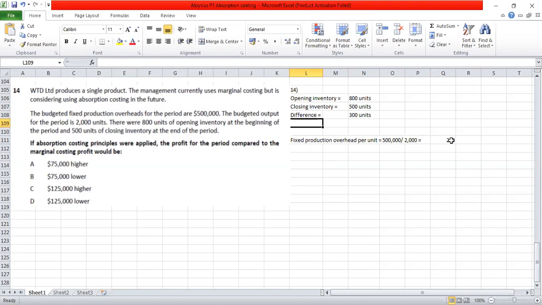So 300 into 250, which is equal to 75,000.